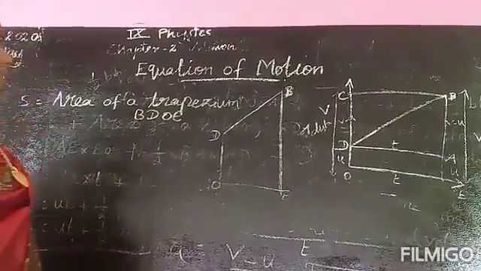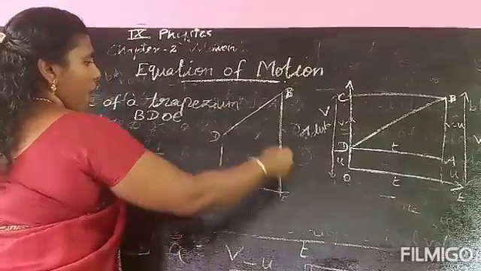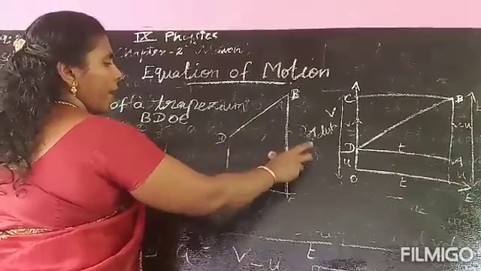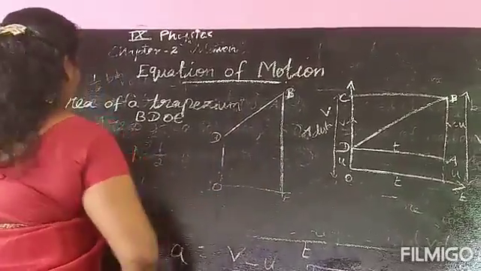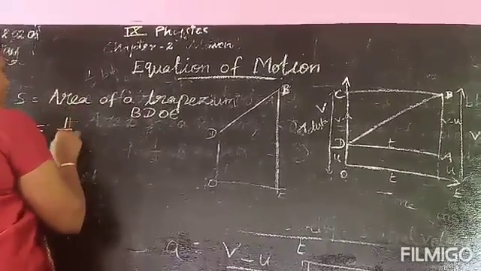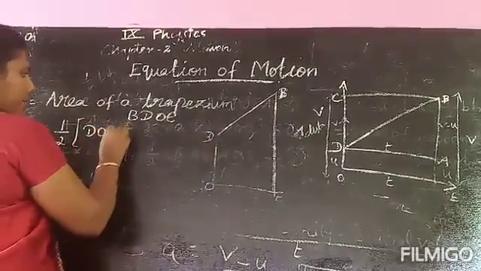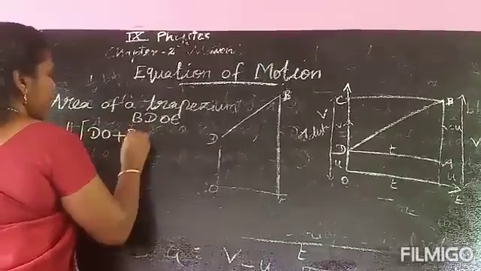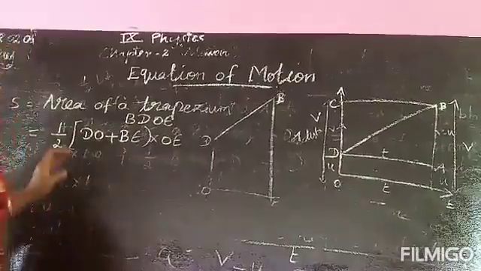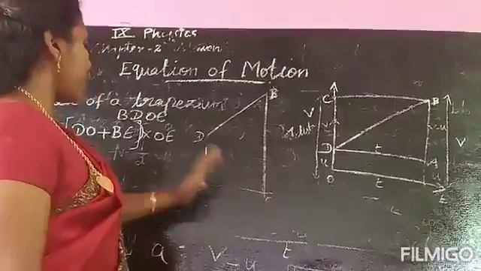So what's the formula? The area of a trapezium formula is half into the sum of the two parallel sides, DO and EB, multiplied with the base. So the formula is half into DO plus BE into OE.